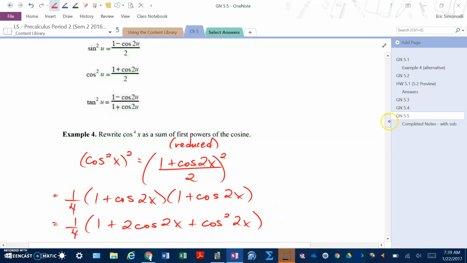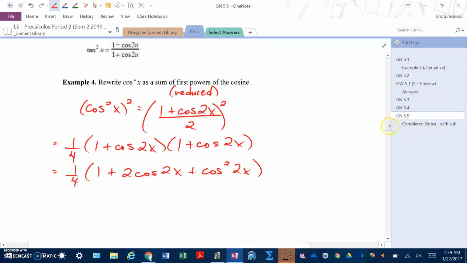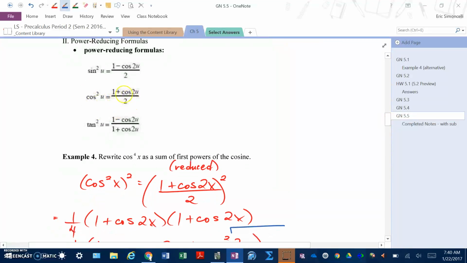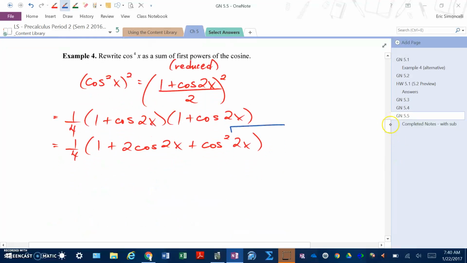Now, interestingly, what's about to happen here is I'm going to incorporate another application of the previous formula, the power reducing formula from up above, cosine squared equals 1 plus cosine 2u over 2, but in a way in which, because it's not technically just x, it's 2x, we'll have to be careful.